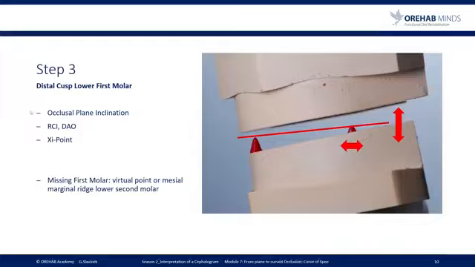Just to remind, we can use occlusal plane inclination, relative condylar inclination, this occlusal angle concept, the XI point. If there is a missing first molar, it's a virtual point or mesial marginal ridge of the lower second molar. So we can do this same concept also in case the first molar is absent.